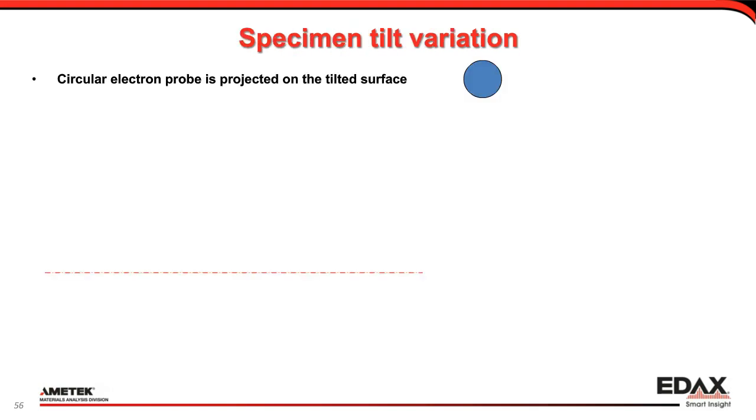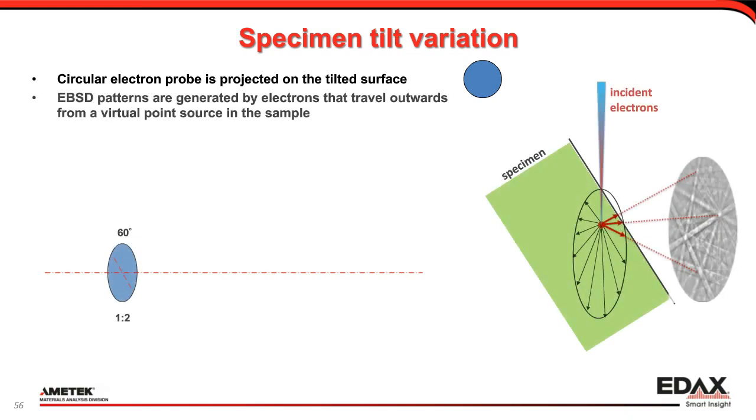Now, this observation led me to try another thing, and that was just looking at the specimen tilt, because you can normally do EBSD at sample tilt of 70, maybe 75 degrees. And that affects the distance that the electrons have to travel in the material.